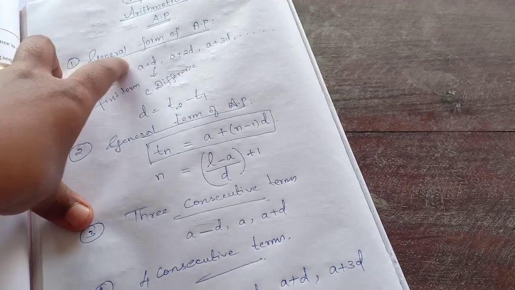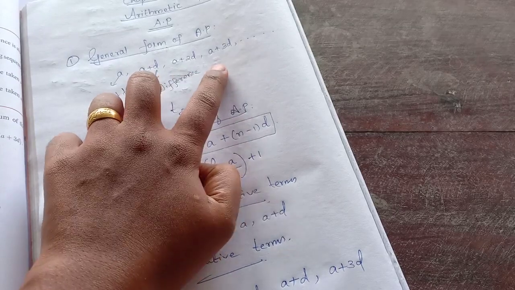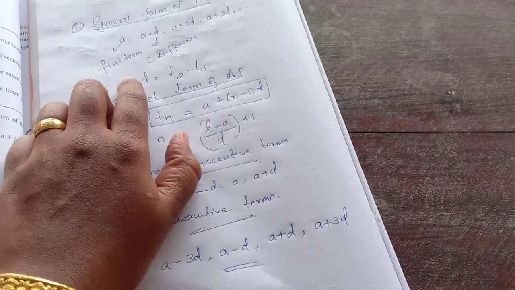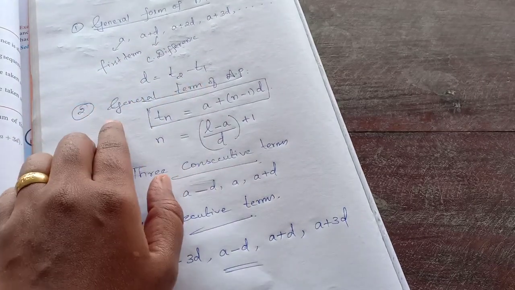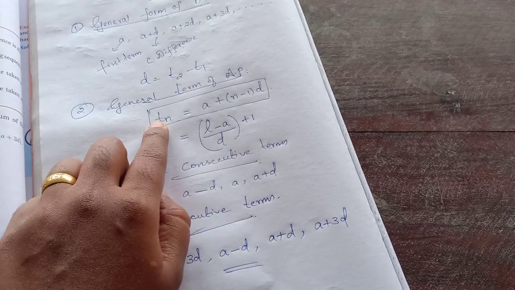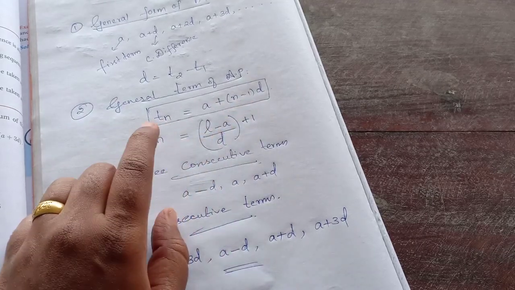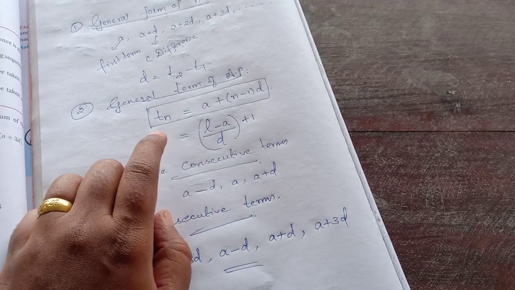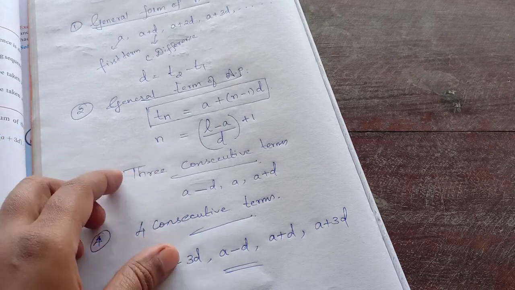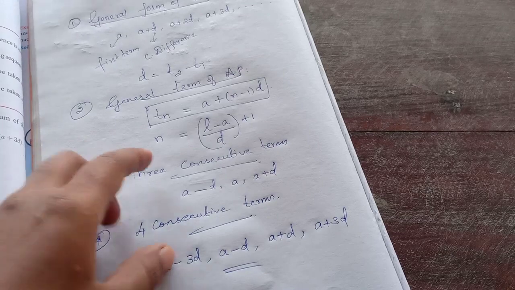Just listen. General form of AP: A, A plus D, A plus 2D, A plus 3D, it goes on. Then D is the common difference, T2 minus T1. General term means Tn, the nth term. Nth term and general term are both the same. So Tn is equal to A plus n minus 1 into D. N means number of terms. Sometimes they will give an arithmetic sequence and we need to find how many terms are there.